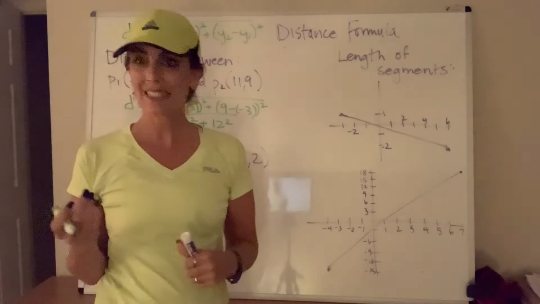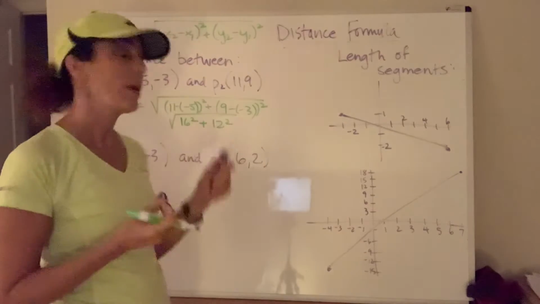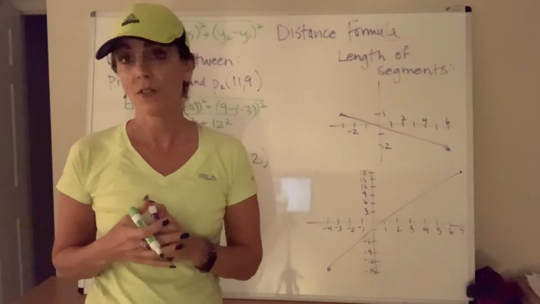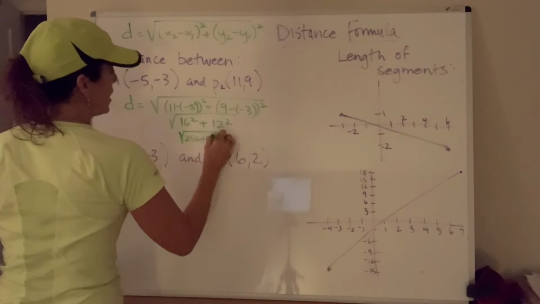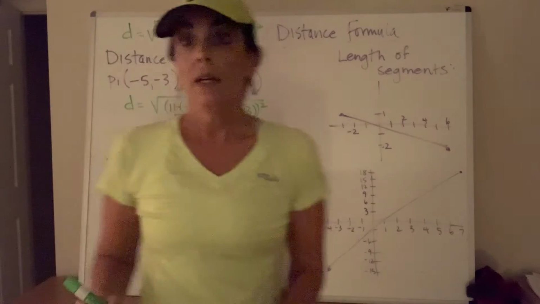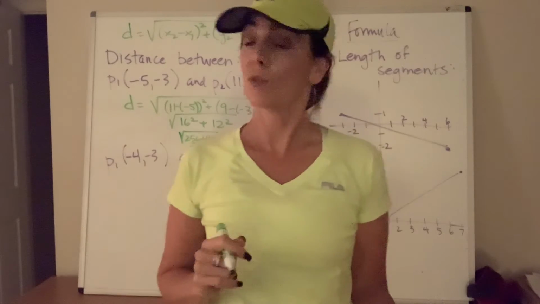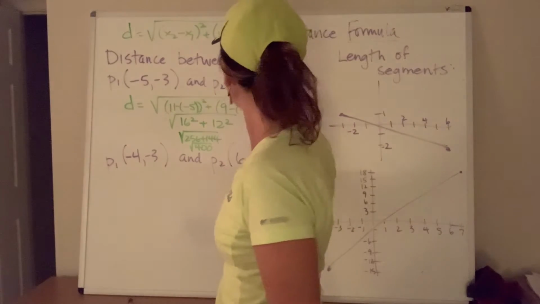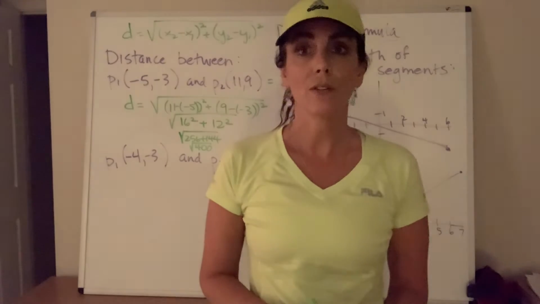Squaring 16 gives us 256. Squaring 12 gives us 144. 256 plus 144, this is going to be the square root of 400, which is actually a nice perfect square. It's 20 times 20. So the distance between these 2 points is 20 units.